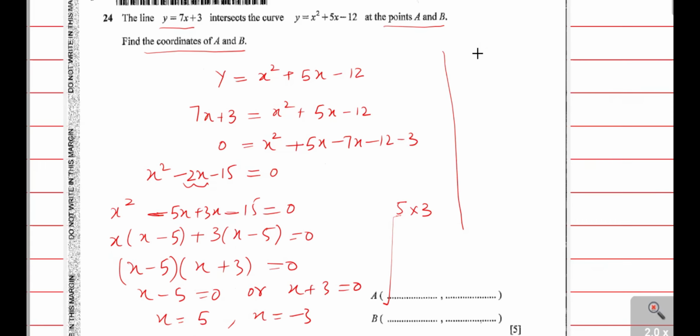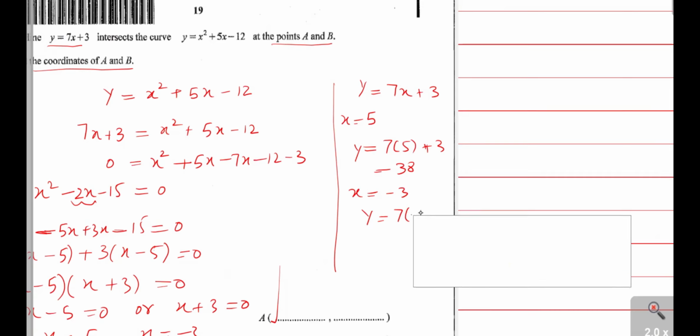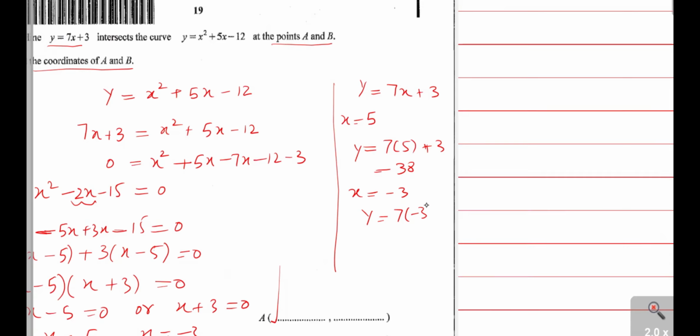The equation here is y equal to 7x plus 3. Firstly, we take x equal to 5. The equation becomes y equal to 7 into 5 plus 3, and this value becomes 38. And next, when we take x equal to minus 3, the value of y becomes 7 into minus 3 plus 3.